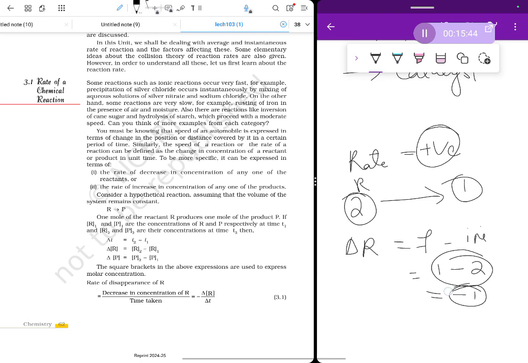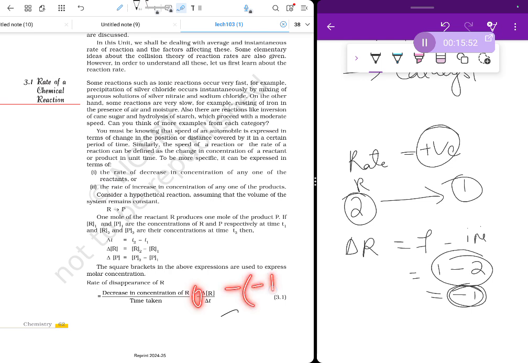To avoid that negative quantity, we mention a minus sign here, so minus of minus 1 will be positive. That is why we are introducing a minus factor, to mention the decrease in the concentration only.